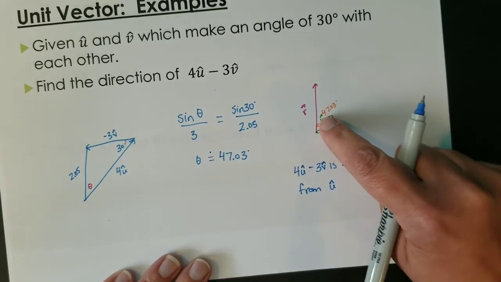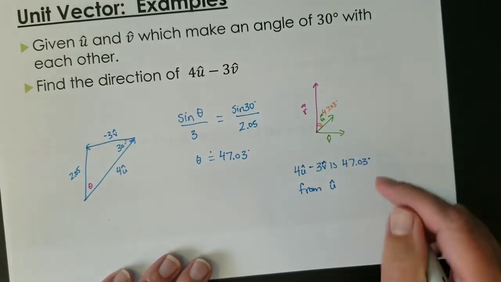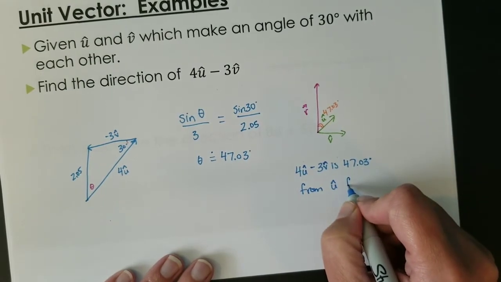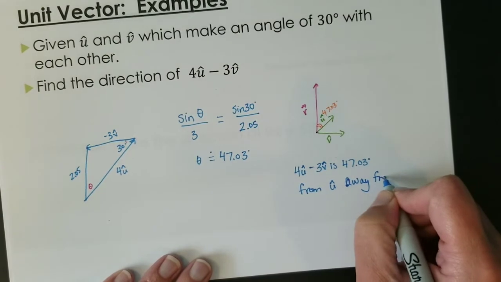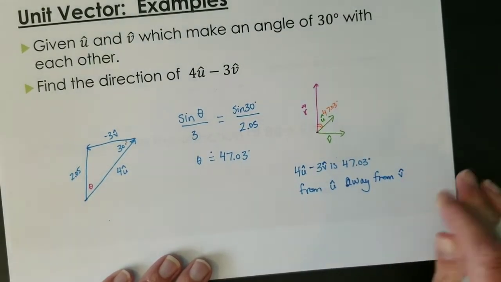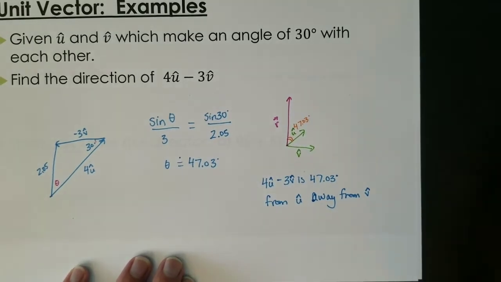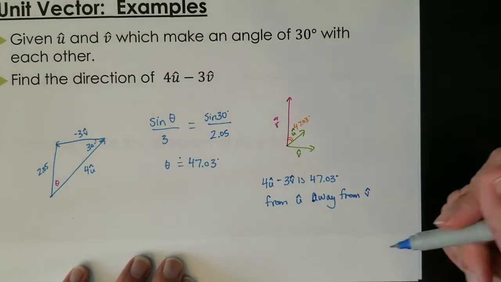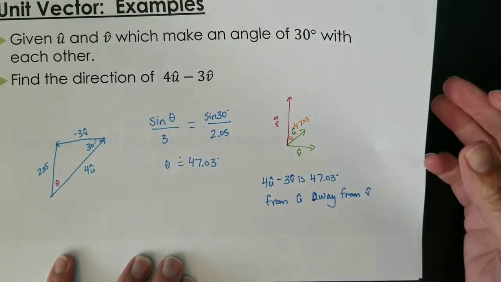And that's measuring away from v hat. It's not going back towards v, it's going in the opposite direction. So I'll put away from v hat. Okay? So that's a description of what the angle is for the resultant compared to my original vectors u and v.